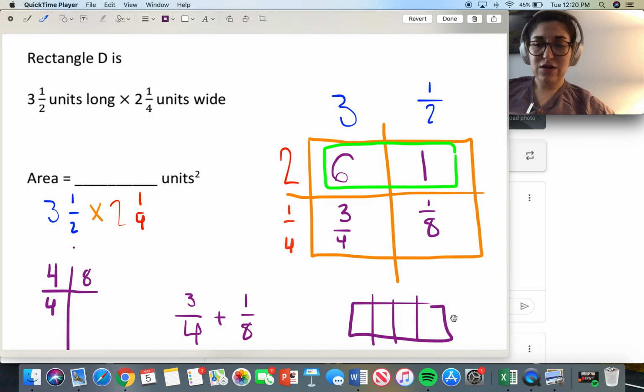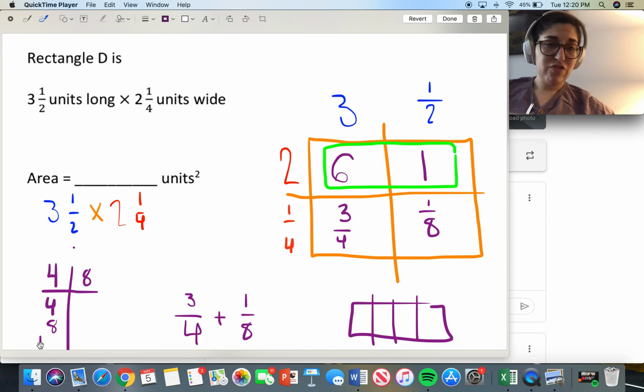Now let's say I cut it in half. Ooh, not a good half. But if I cut it in half, now I have 1, 2, 3, 4, 5, 6, 7, 8 pieces, right? Let's say I cut it twice. Now it would be 1, 2, 3, 4, 5, 6, 7, 8, 9, 10, 11, 12.